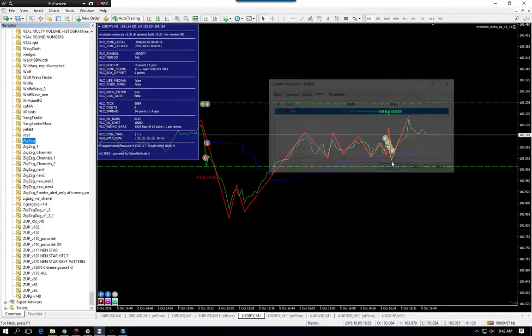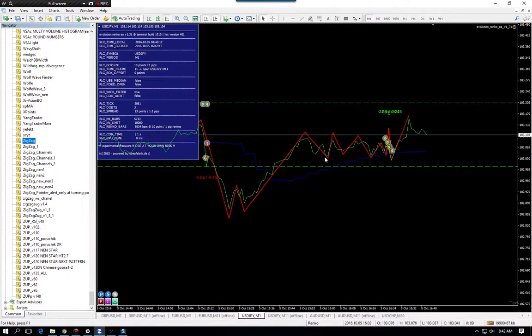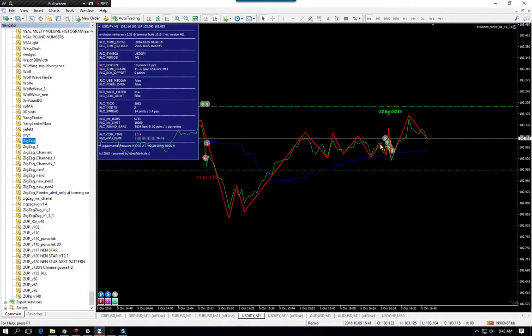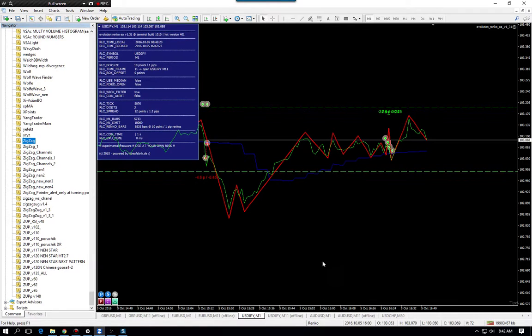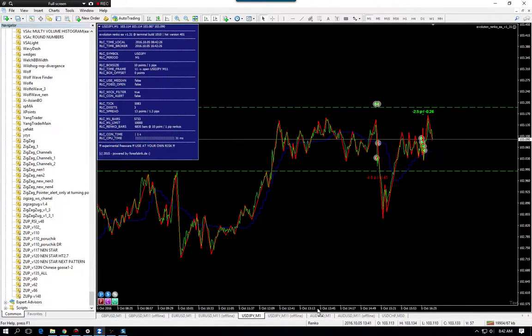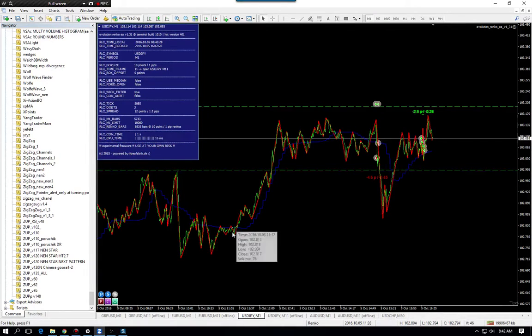And this is a line chart. You can see there's not much structure here. And let's zoom out a little bit and see what kind of structure we can see on it. Here we can see structure. Pattern was broken here.